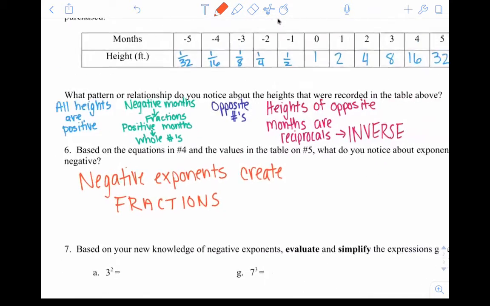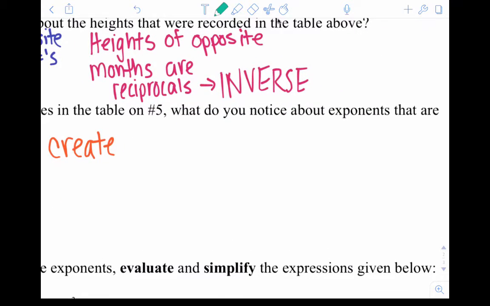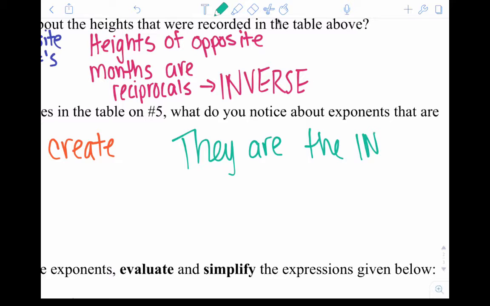In other words, another way to say this is they are the inverse, that's that new word, that buzzword, of the positive exponent.